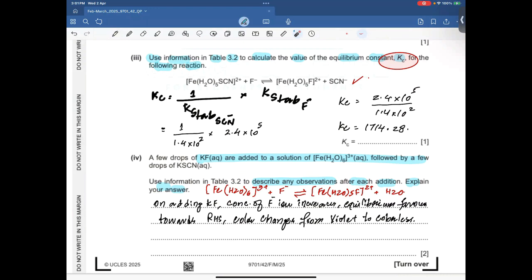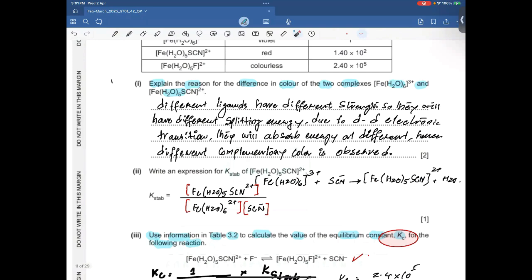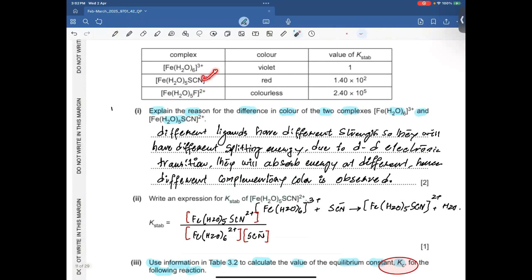Now, when you add thiocyanidine in this complex, no reaction takes place, because this complex is more stable than the thiocyanidine one, right? So the reaction is never going to take place, because a more stable complex never forms from a less stable complex. All right.